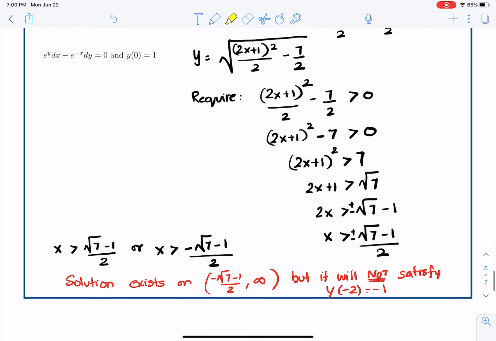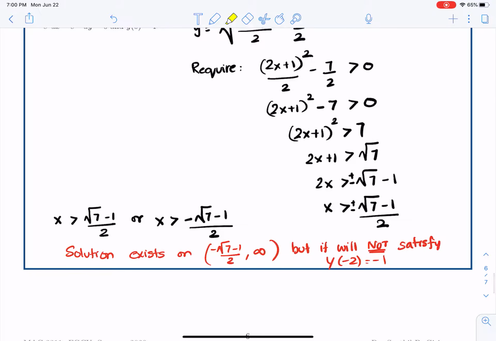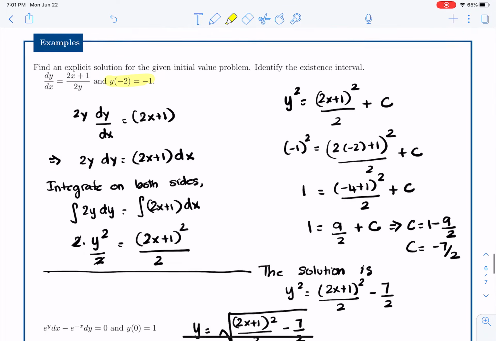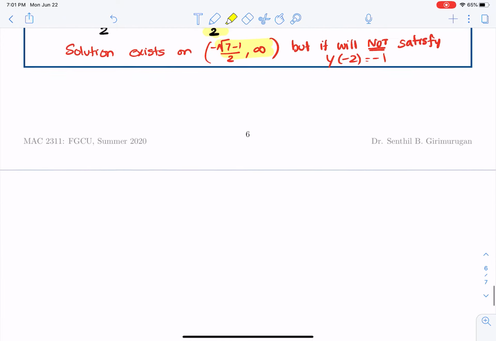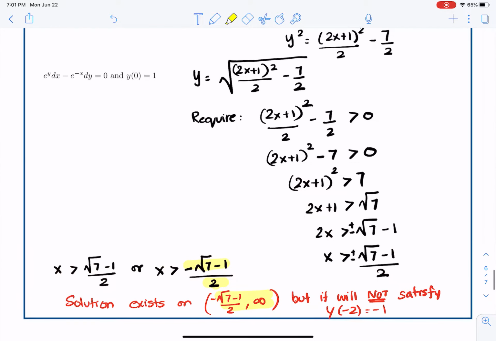But minus 2 is actually less than negative square root of 7 minus 1 divided by 2. So minus 2 is not going to fall in that interval. So even though we have an explicit solution, we don't have a solution that would satisfy the initial value problem because of the existence interval. So I am going to move this part to the next page.